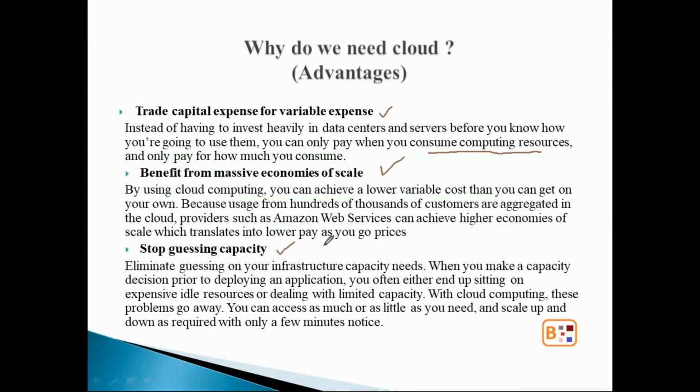For example, you want to go with 1 GB RAM and one CPU. So you can go ahead with Amazon Web Services and other cloud providers because they give a facility to the user, predefined virtual machines. Or if you want to go with a higher kind of virtual machine, you need a RAM of around 500 GB.